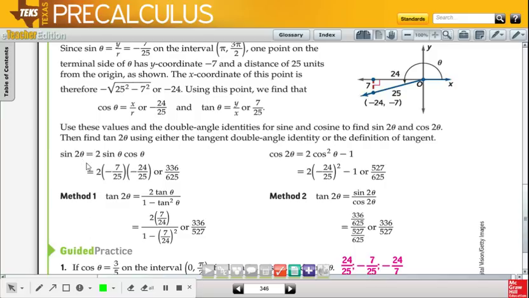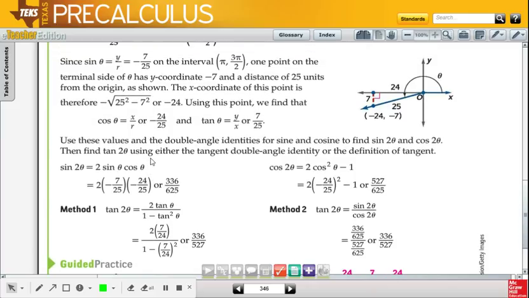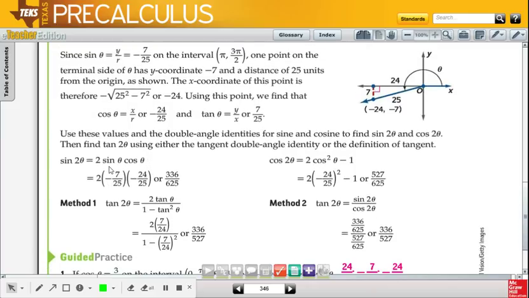The first one on the left side is the first double angle identity. So sine of 2 theta is equal to 2 times sine of theta cosine of theta. From this given problem, sine theta is equal to negative 7 over 25, which is why you have it here.